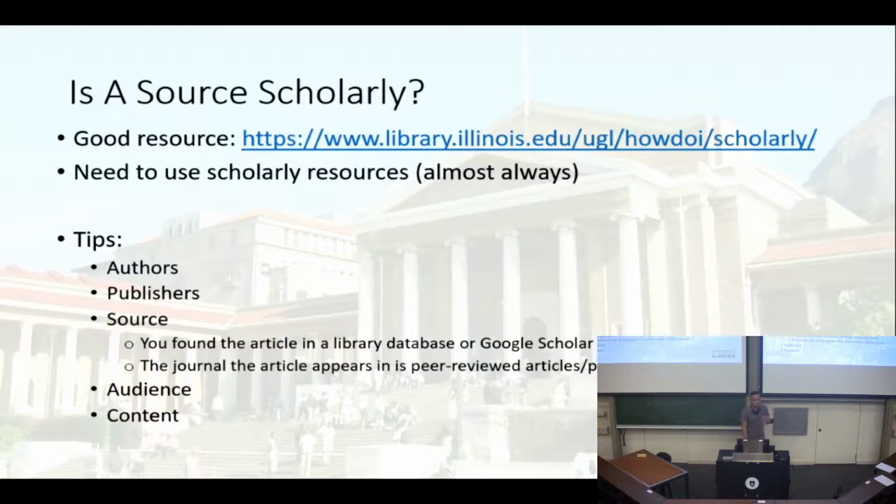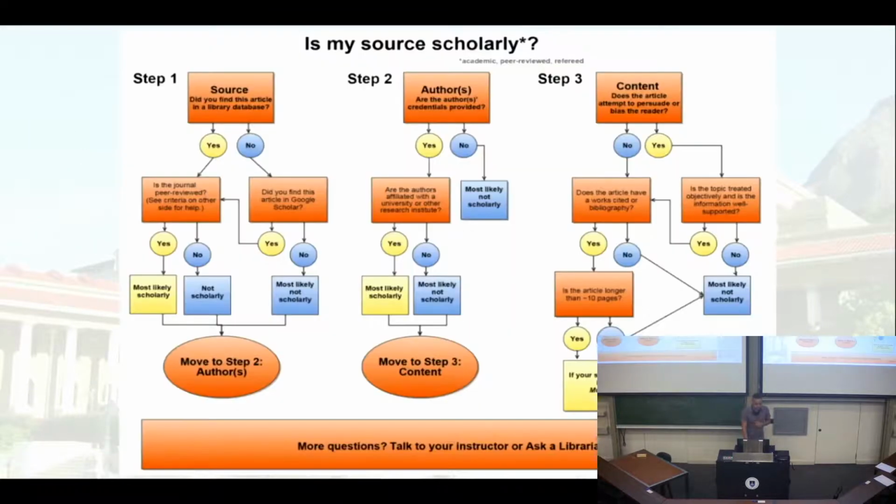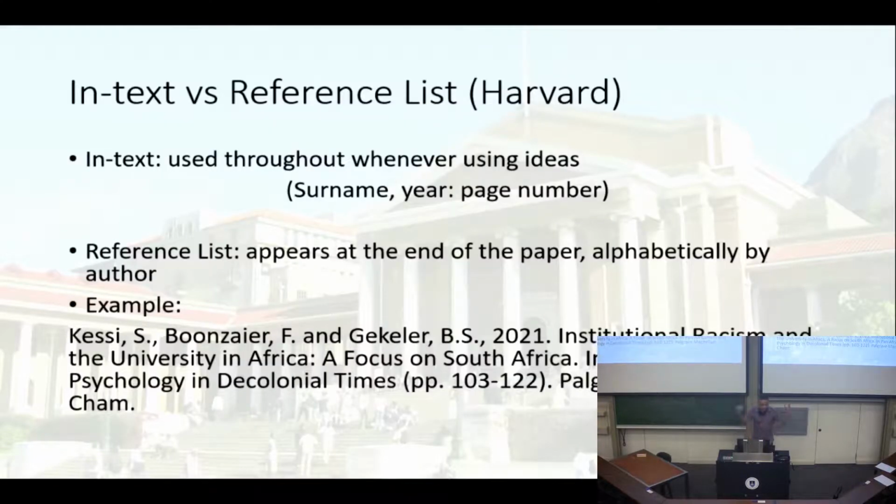Is it tabloid or does it have some sort of credibility as well? I'm not going to take you through the step-by-step guide, but this is a process you must follow. You'll have the slideshow to know if a source is scholarly or not. So please follow it.